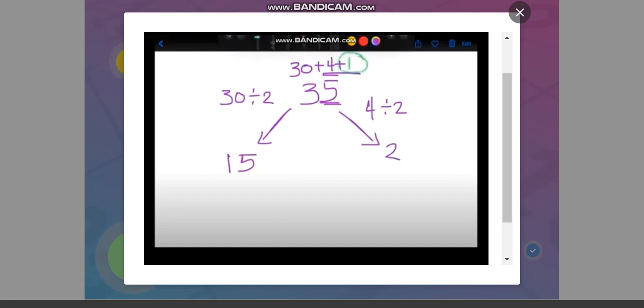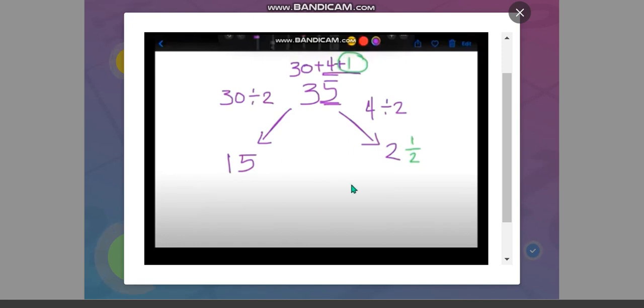Okay, so that would be the extra. Okay, and then write half. Now remember that the answer for our division is called quotient. Now quotient, we are going to add 15 and 2.